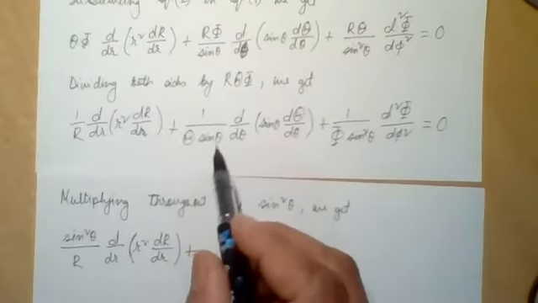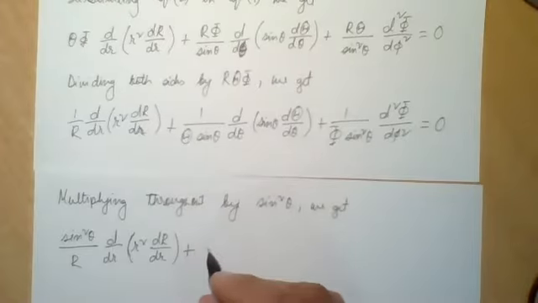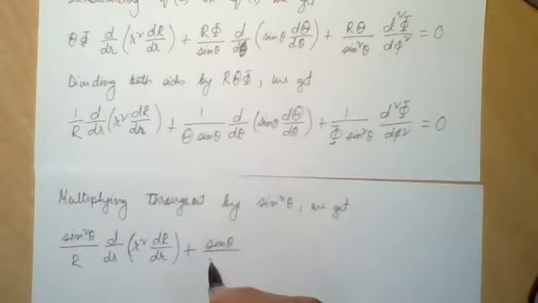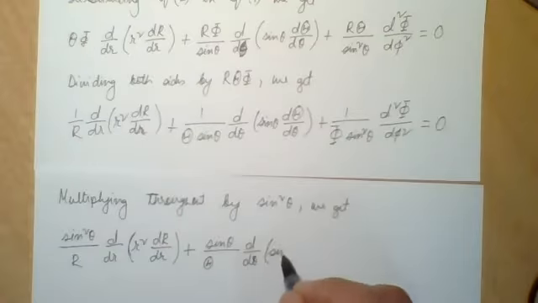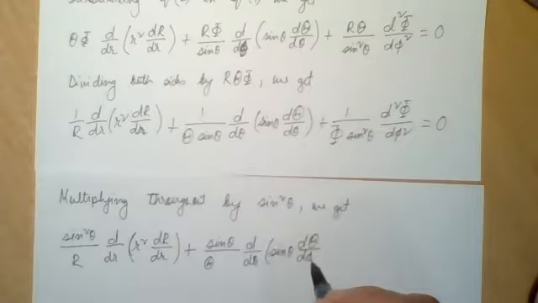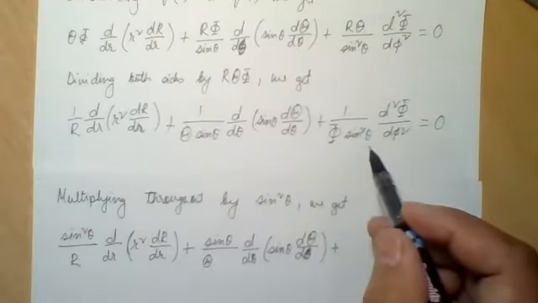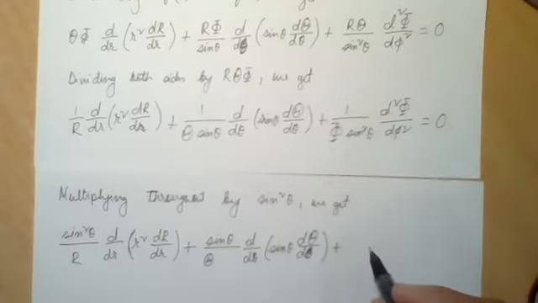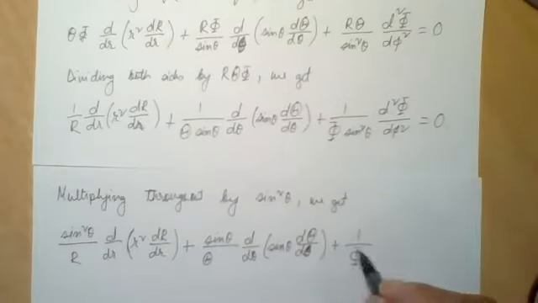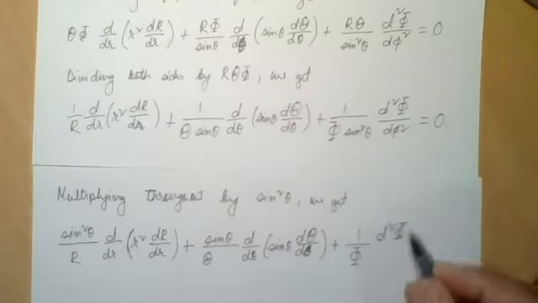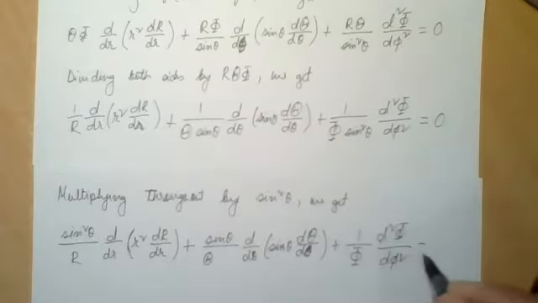If we multiply by sine square theta, we should get one sine theta in the numerator. So this is sine theta divided by capital Theta, d by d theta, sine theta d capital Theta by d theta. Plus here, if I multiply by sine square theta, this will cancel out. What remains is only 1 by capital Phi, d2 Phi by d phi square. This is equal to 0.